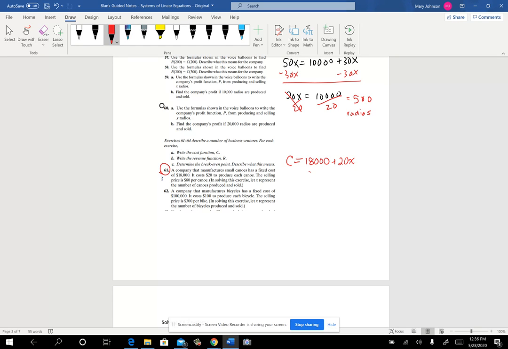That means if I sell one canoe, $80 would be how much I'd bring in. Two canoes would be $160. So the revenue would equal 80x. Then the break-even point is where the cost equals the revenue. So I'm going to set those equal to one another.